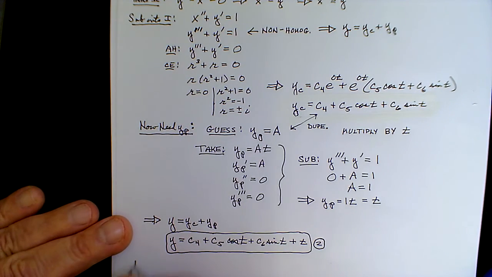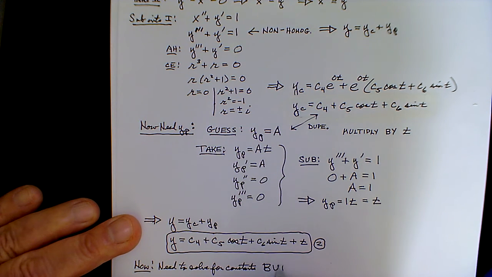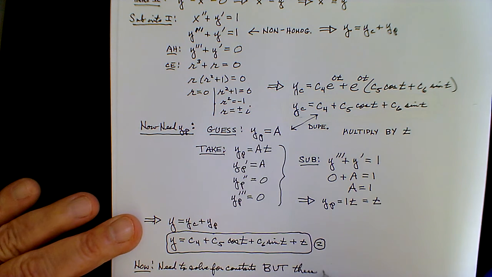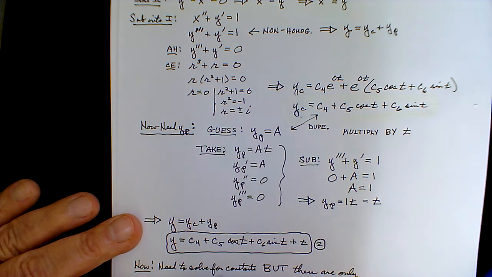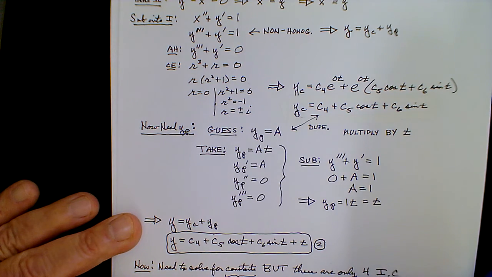So let me just mention this before I go to the next page. Now we need to solve for the constants. But there are only, and there's 6 of them, but there are only 4 initial conditions.